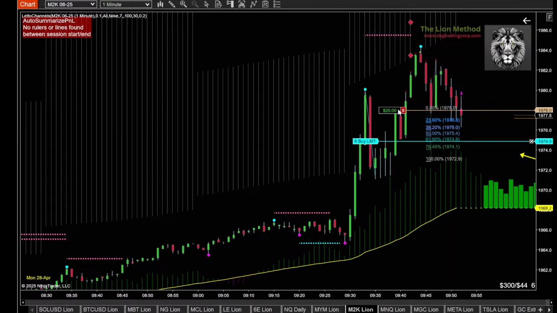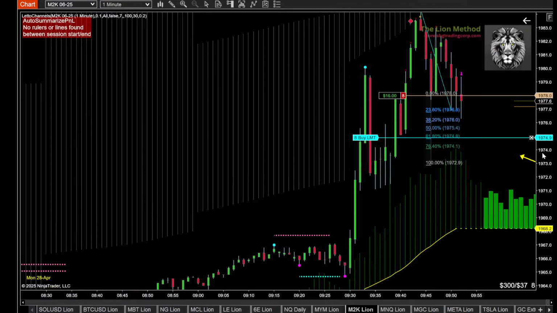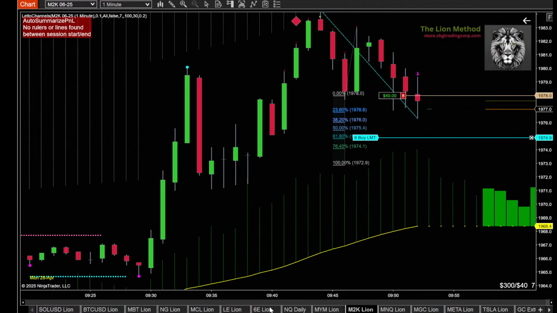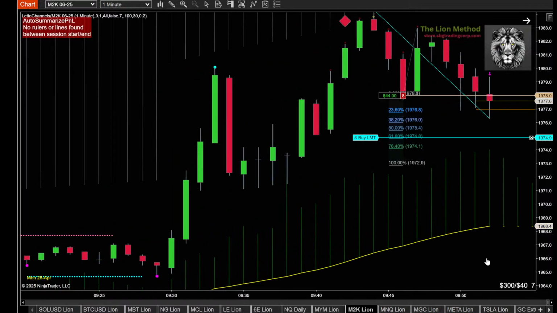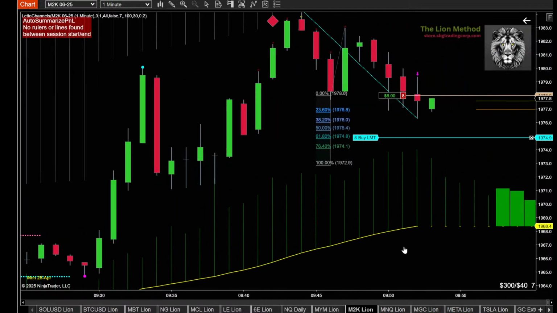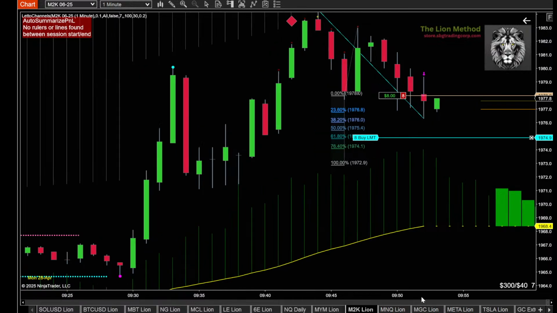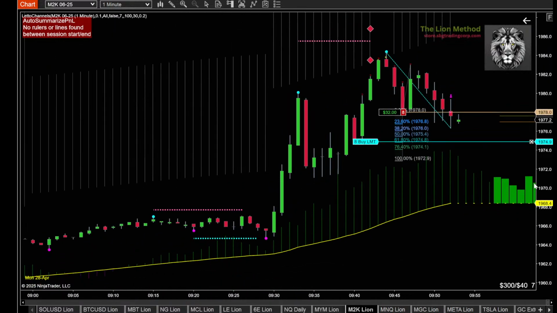See, I'm right at the 61.8 level. And I would put my stop all the way up here. Let's go here, buy stop market here. Let's see.